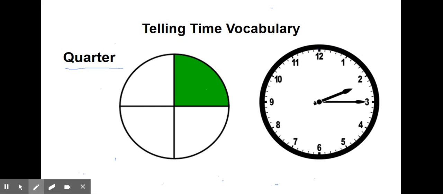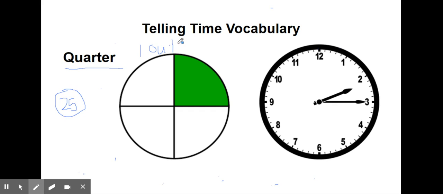A quarter of the circle is green. 1 out of the 4 sections is green. That's a quarter of the circle. 25 cents, the coin, is called a quarter because 4 of them make $1. So when we are talking about a quarter, we are talking about 1 out of 4.